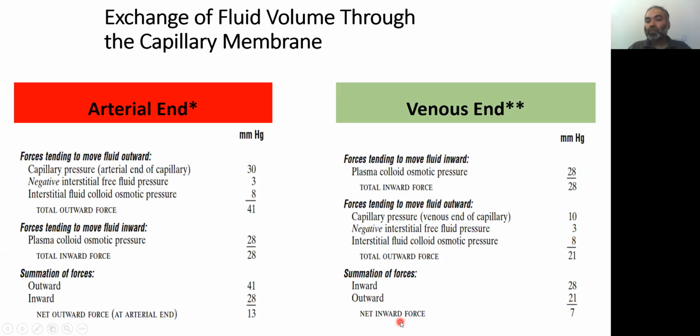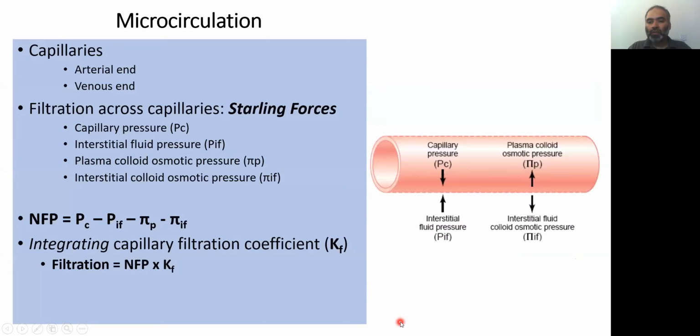It's the total inward force. So the pressure by virtue of which the fluid gets pushed outwards at the arterial end is 13, and it goes back in at the venous end at a pressure of 7 mmHg. So in the strict sense of a single capillary, one end is 13, the other is 7.